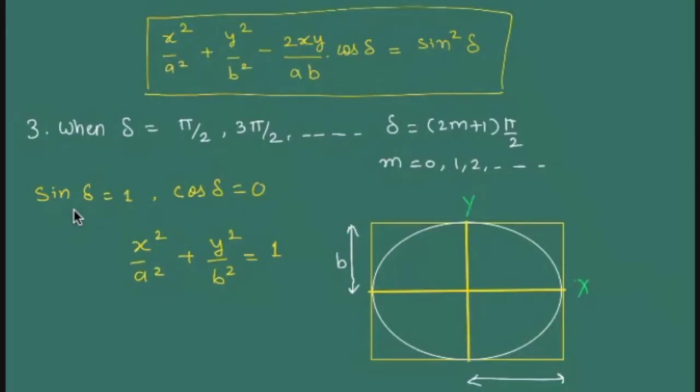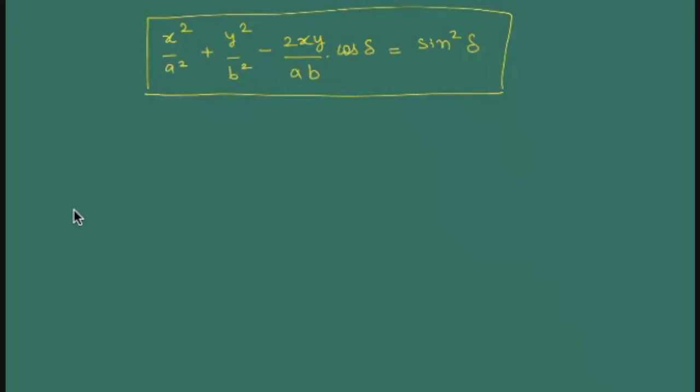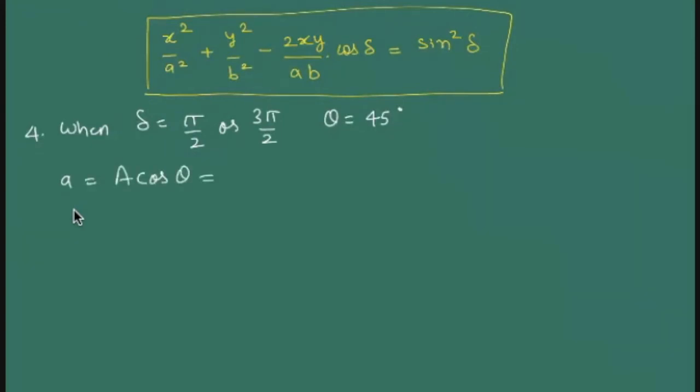Now, in this situation, what will happen if your theta is 45? That will be a special case. We can add one more case to get a circular thing. This is our last case, where delta equals pi by 2 or 3 pi by 2 and theta equals 45 degrees, so that A equals a cos theta and B equals a sin theta, and hence small a becomes equal to small b.